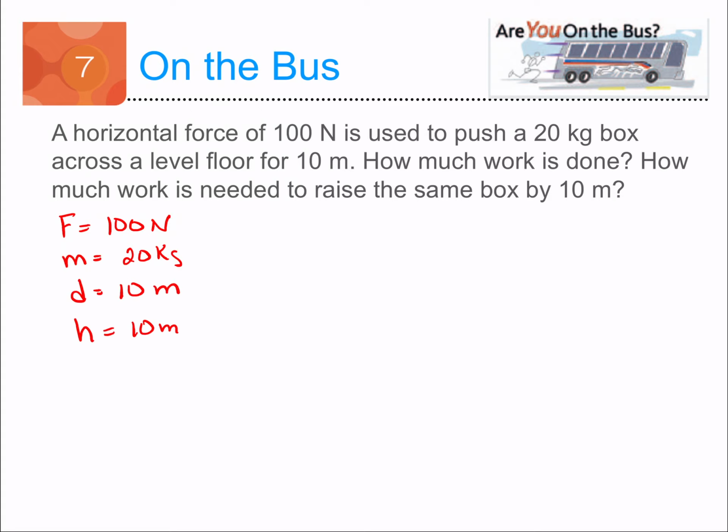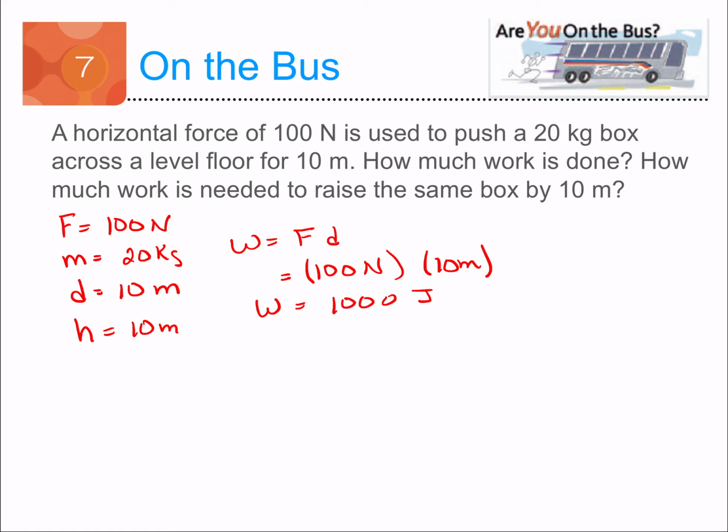So work done in part 1, work is going to be force times distance. So my force is 100 newtons. It's moving a distance of 10 meters. So my work is going to equal 1,000 joules.